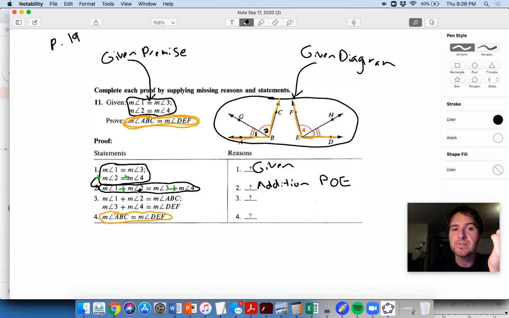So oftentimes when you see two angle measurements added together and then they equal another angle measurement, what that's telling us is that this is part plus part equal to whole. That's the assumption being made here, right? This plus this equals that.